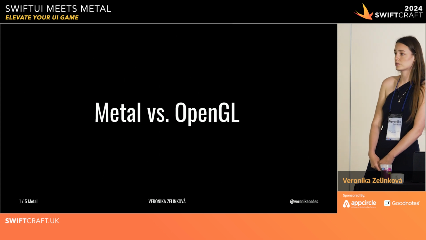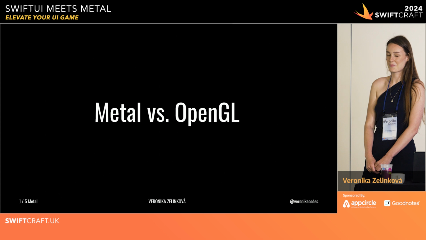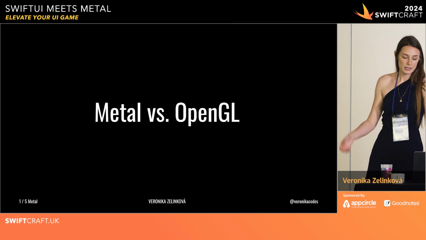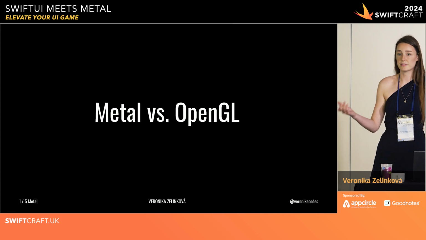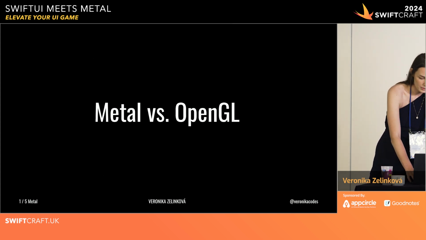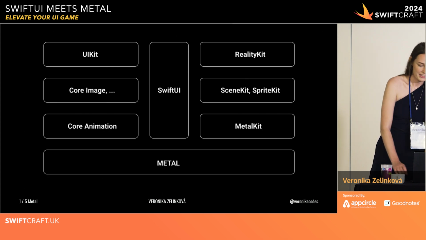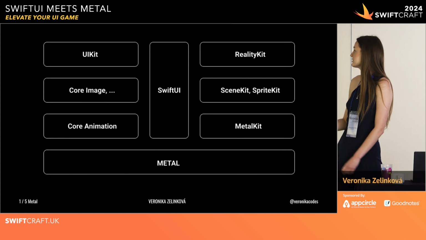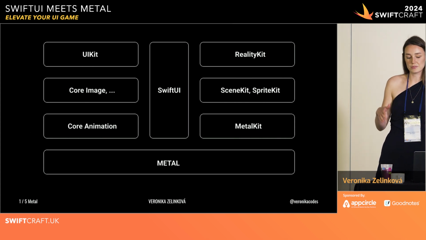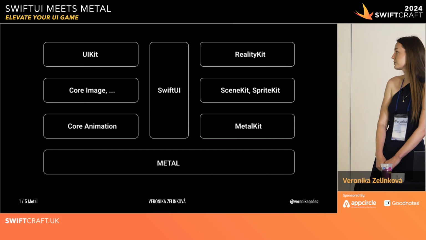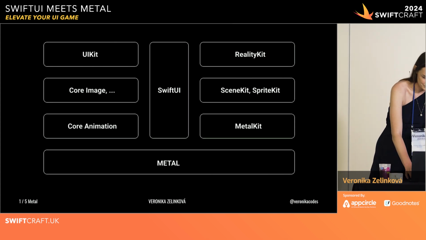Also, the shaders, which we will write, used to be built at runtime, but with Metal, Apple lets us build the shaders at compile time. And there are many things which Apple did to make Metal work much better than OpenGL. And Metal is underneath all of the things which we are currently using as iOS engineers, like UIKit, SwiftUI, SceneKit. So if you've worked with these technologies, you probably used Metal underneath.